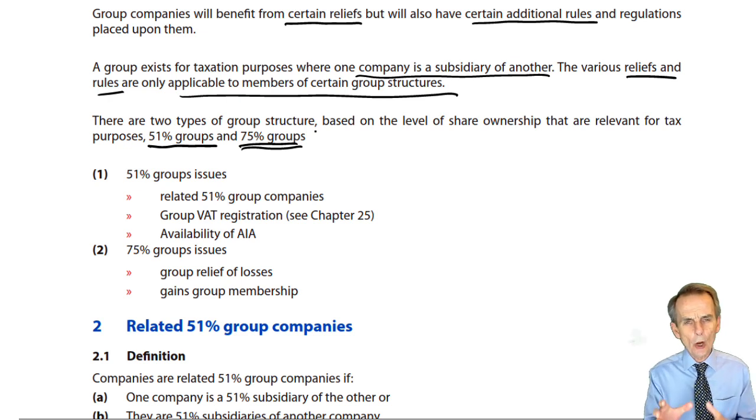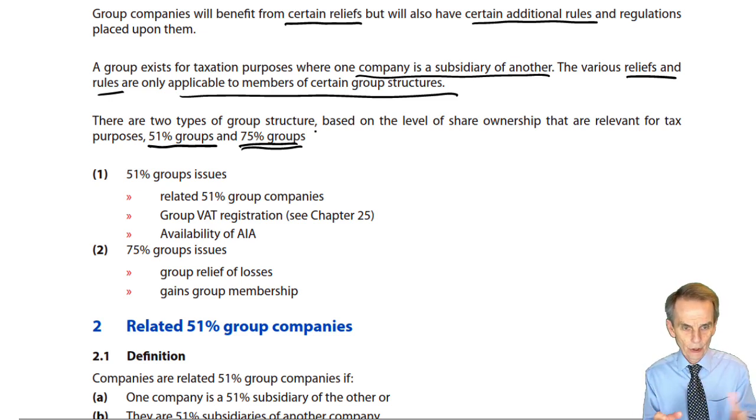Now, you had to know the makeup of your corporation tax computation to know what could be done and the reliefs that would be available going against a figure of total profits there. That's total profits, which may or may not be the same as the bottom line figure on the corporate tax computation, which is TTP, taxable total profit.